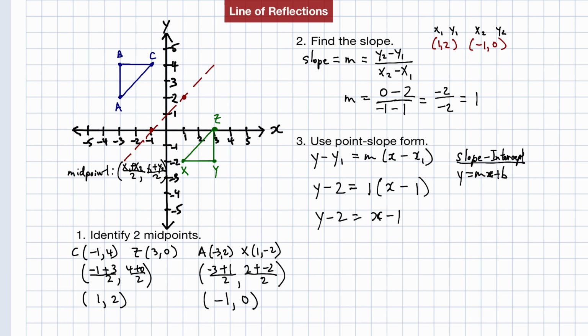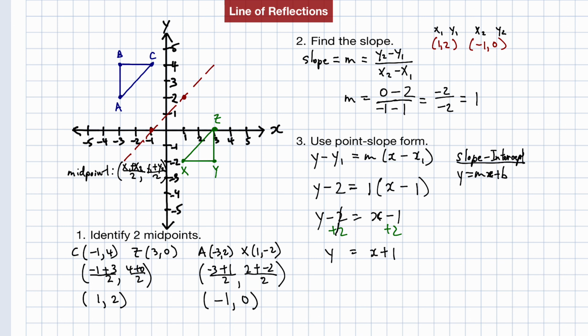So what we need to do is isolate this y and move this negative 2 over to the other side. And to do that, we will add 2 to both sides. Add 2 to both sides, and we get y, these cancel out, is equal to x plus 1.